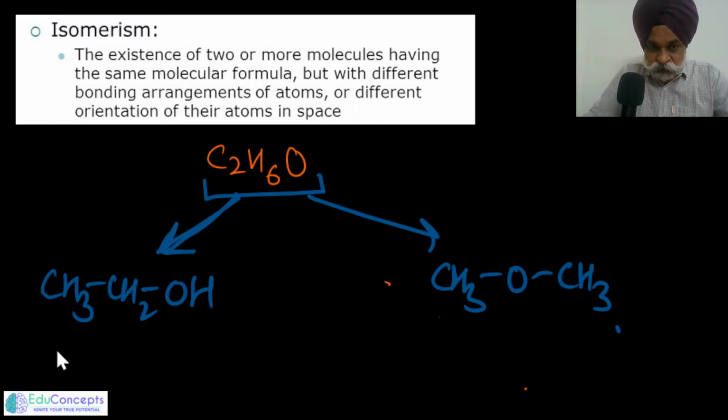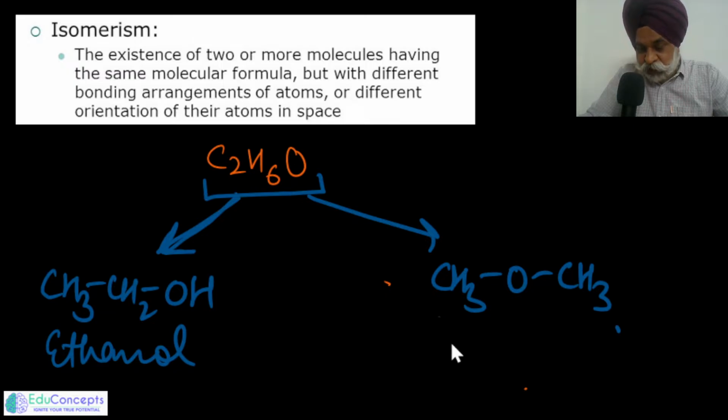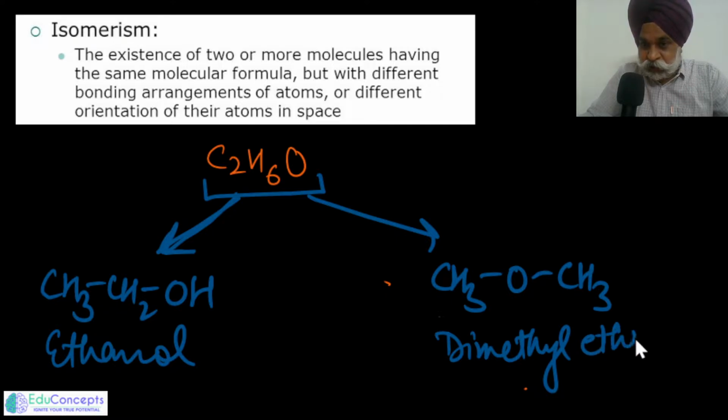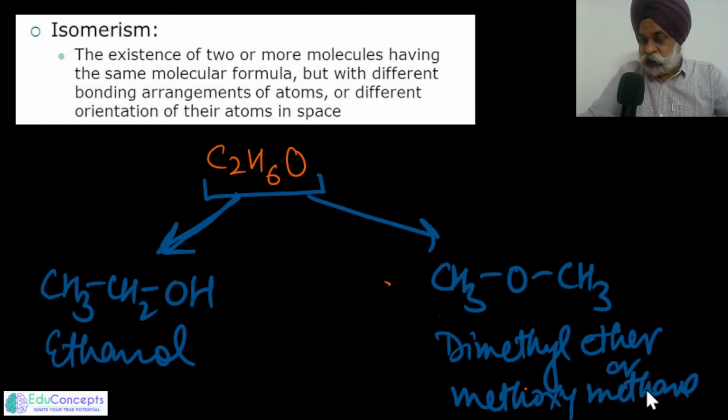One form is this, which we call ethanol or ethyl alcohol, and another one is dimethyl ether, that's the common name, or methoxymethane, which is the IUPAC name. So these are the two ways it would be available in the market, and these two compounds are said to be isomers of each other.